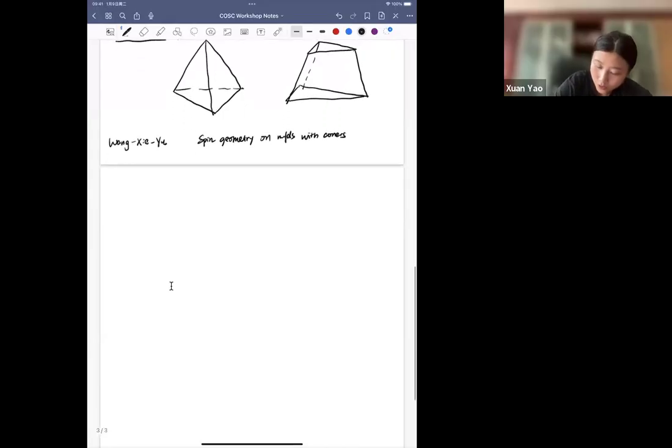Later, Brendle used a smoothing-out procedure and spin geometry to prove Gromov's conjecture under the matching angle hypothesis.